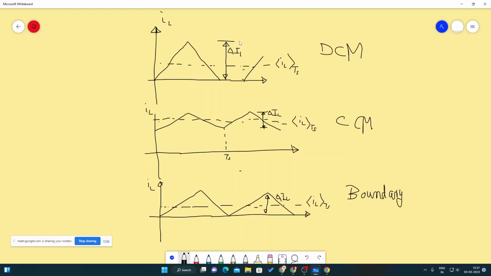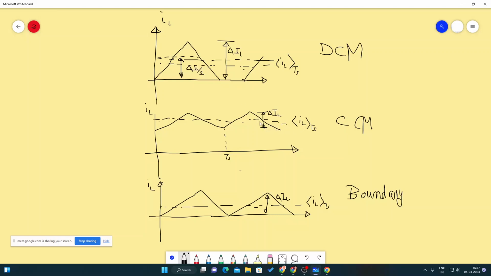Also since this is delta IL, here somewhere we will have delta IL by 2.